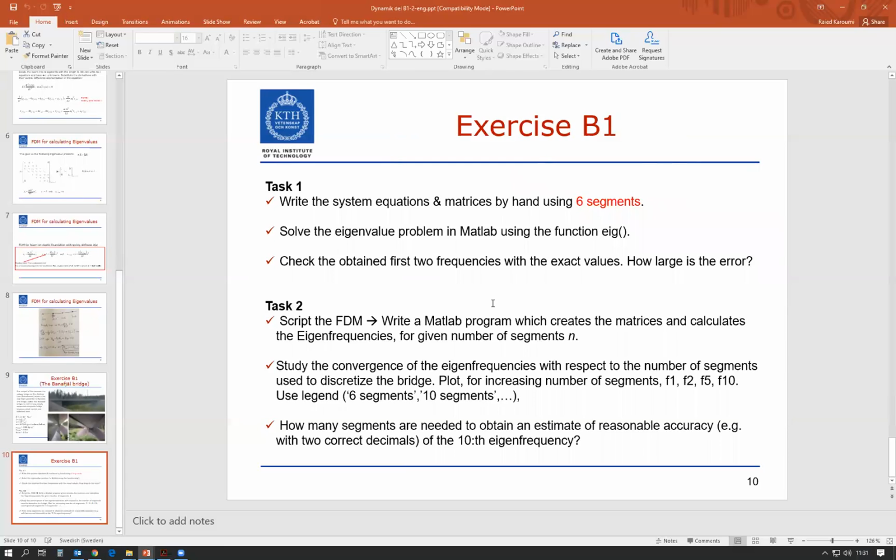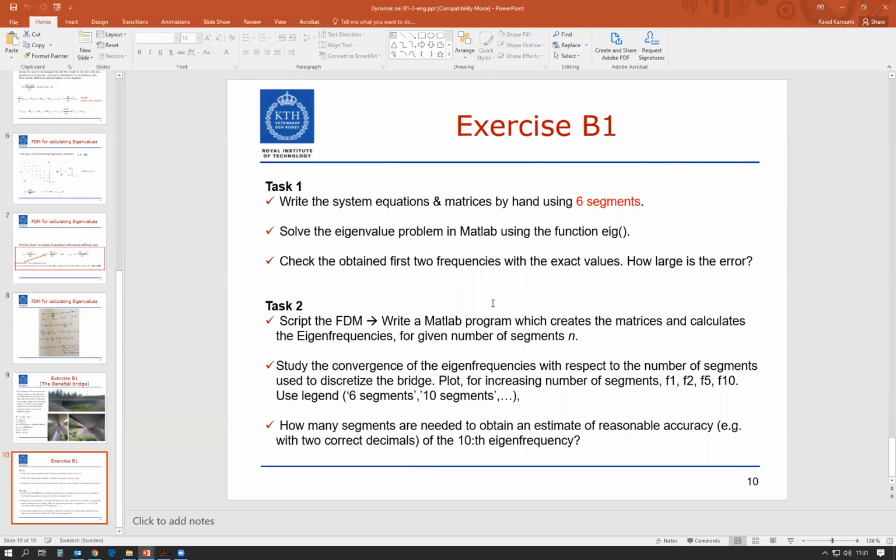And you do this by hand on paper, and then you will create this A matrix, and then you will solve this using the eig function. When you have solved it using the eig function, you will get the frequencies of the first vibration modes.